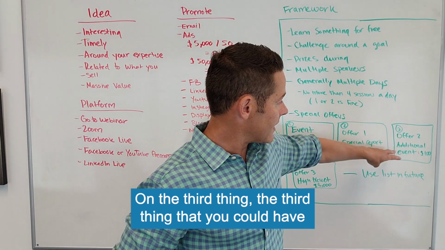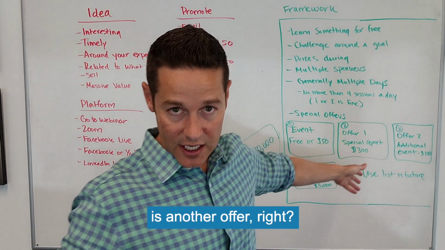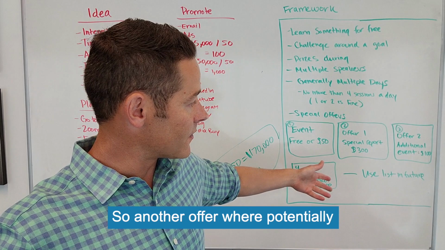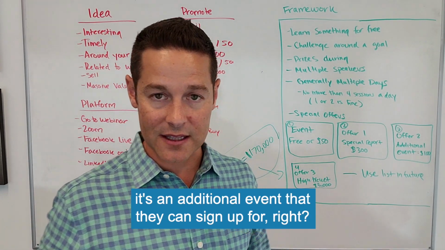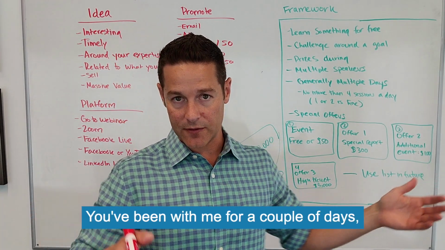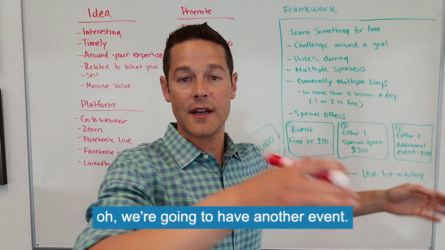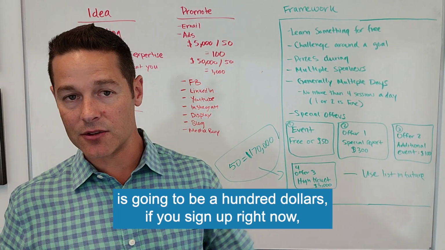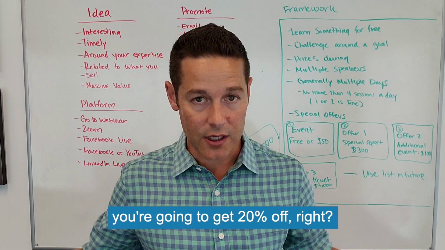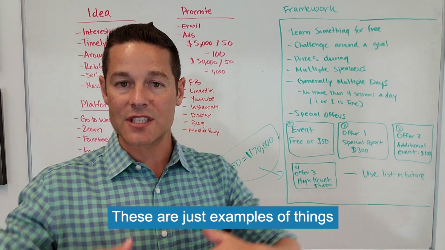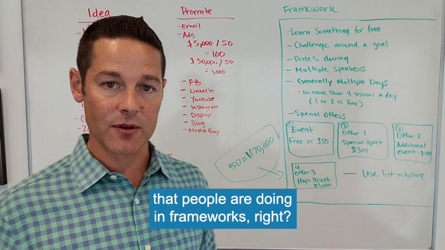The third thing that you could have is another offer, right? So another offer where potentially it's an additional event that they can sign up for, right? You've been with me for a couple days. Oh, we're gonna have another event. This other event, the next one's gonna be $100. If you sign up right now, you're gonna get 20% off, right?